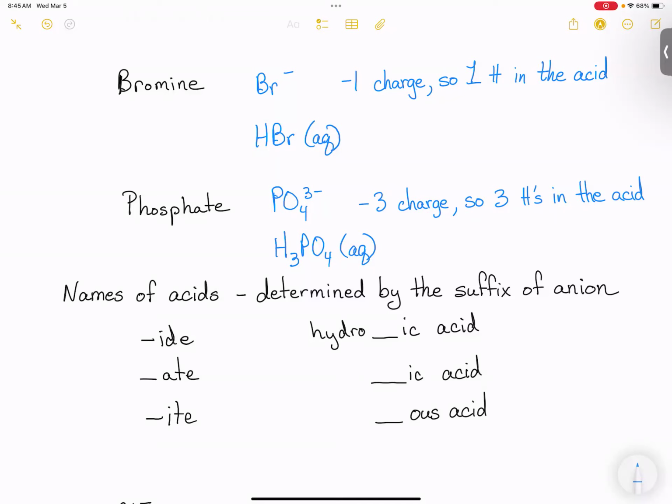If the anion is a polyatomic ion that ends in ATE, then the acid is just going to get the ic acid as its suffix.